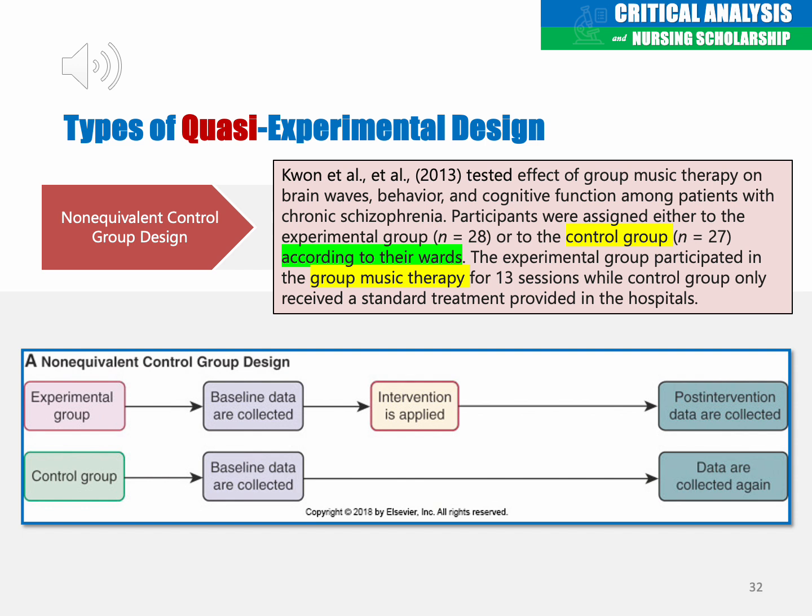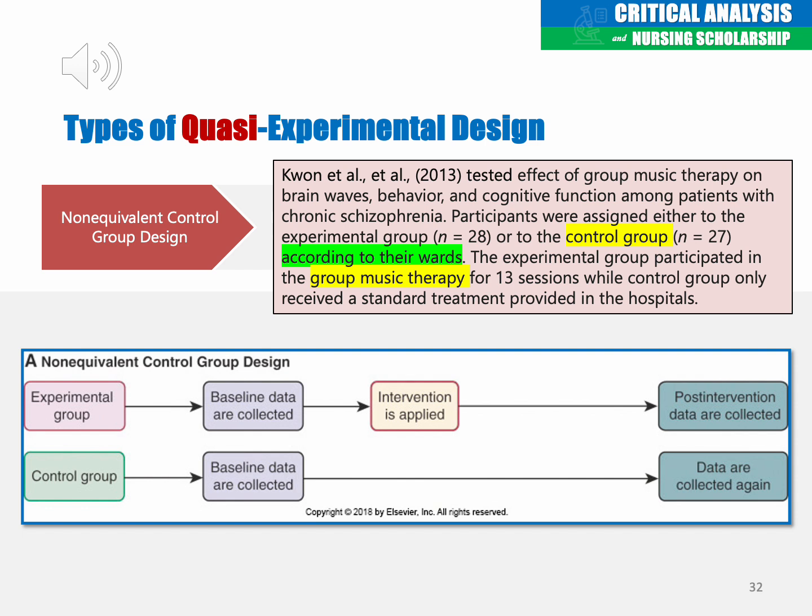However, if you would notice, there is a certain type of control in here because there was a control group and at the same time experimental. How about manipulation? Manipulation is also involved in this research because music therapy was introduced in the experiment. And this is an example of quasi-experimental research design.